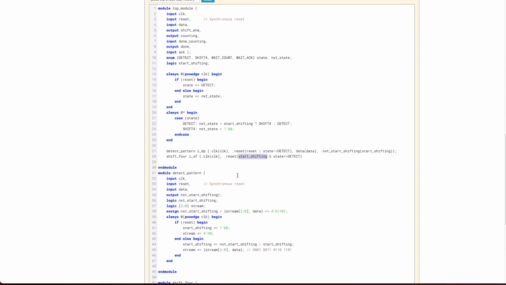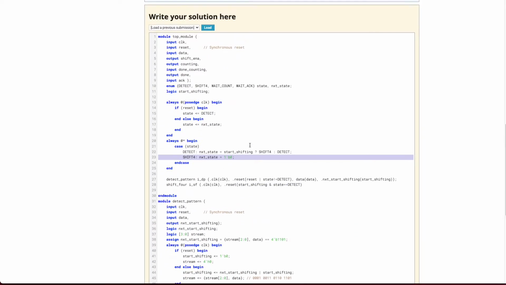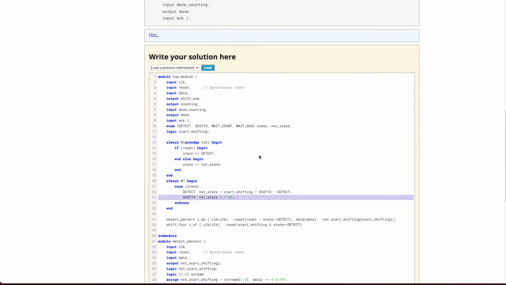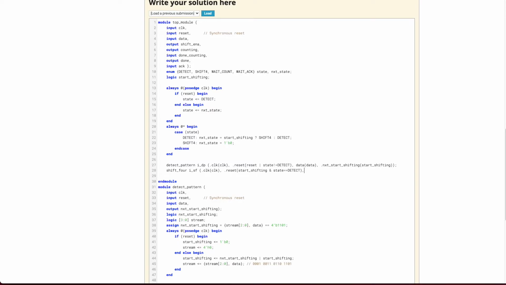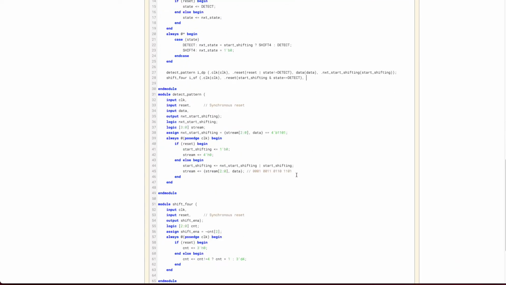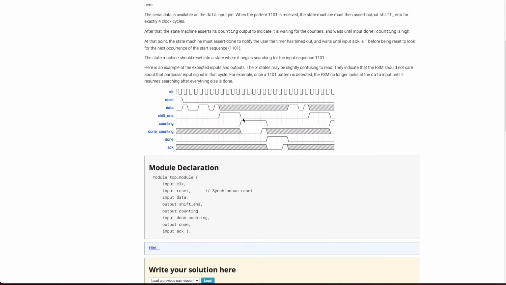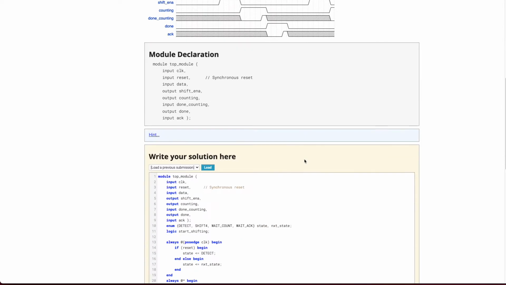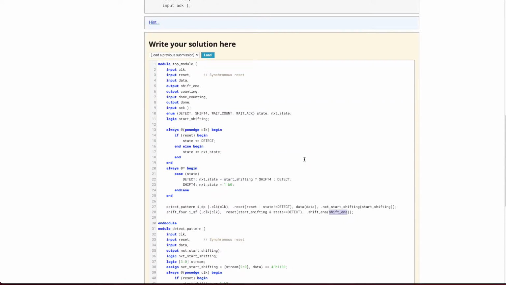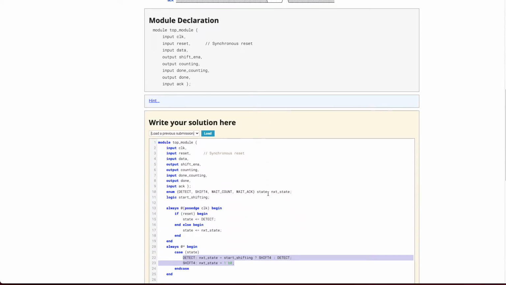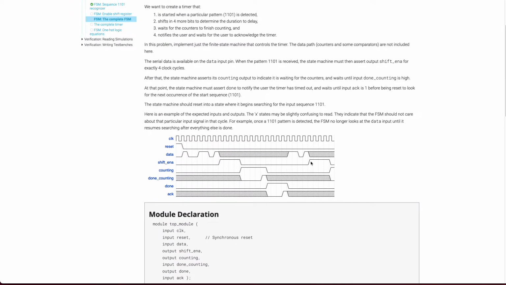The next cycle after, when this happens, we're already in shift 4, so all good. And shift enable is shift enable, which is this one, so all good there. And the reset will only happen at this state change, namely detect to shift 4, so bang, bang.